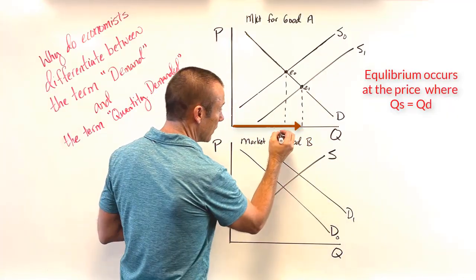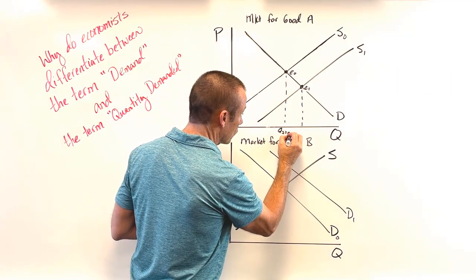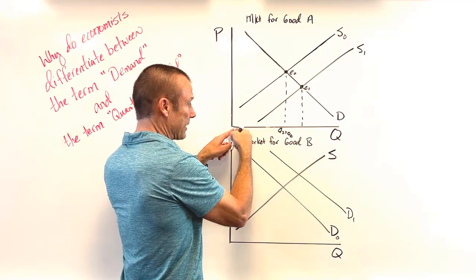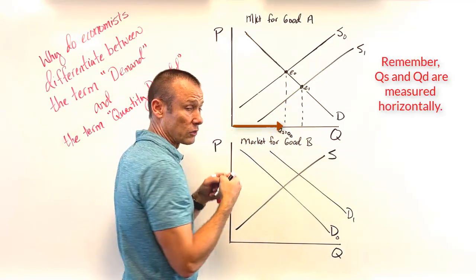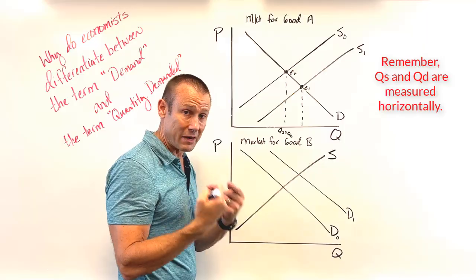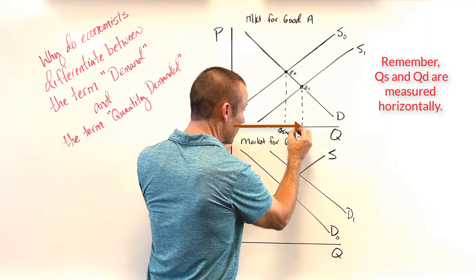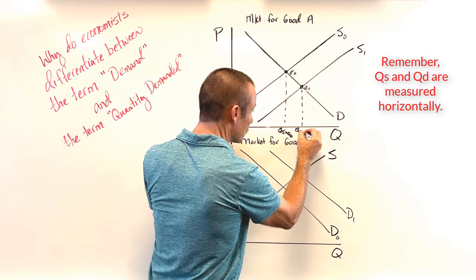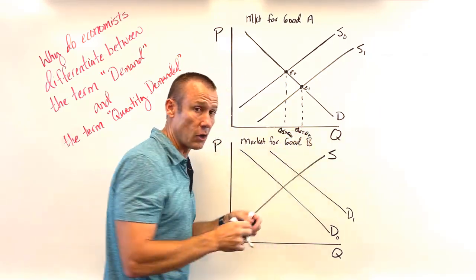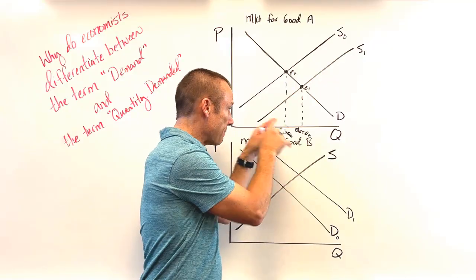So it was QS equaled QD right there. That distance was where QS and QD were equal. Now QS and QD, so let me cross this out, now QS equals QD out here. So we are absolutely buying more.